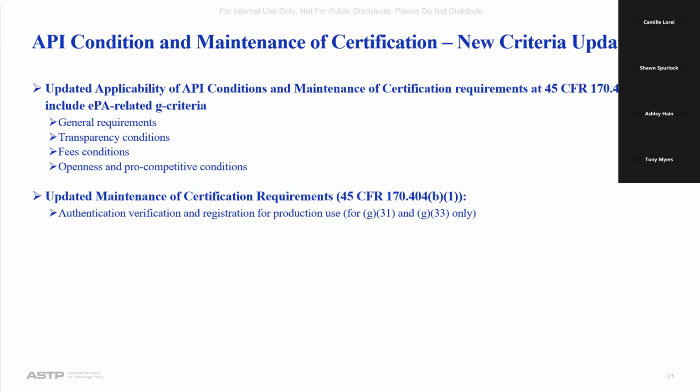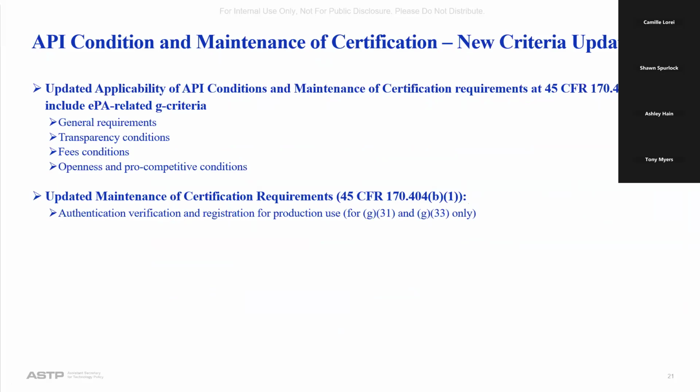Okay, last but certainly not least, API conditions and maintenance of certification requirements were updated in HTI-4. I think we tried to take a sensible approach to updating the API condition and maintenance of certification requirements. Again, if you're certified to G10, you have to do basically the same stuff.